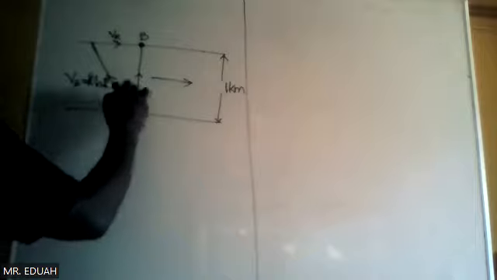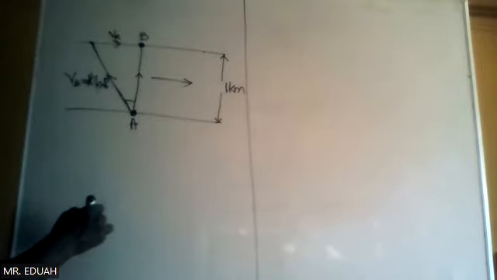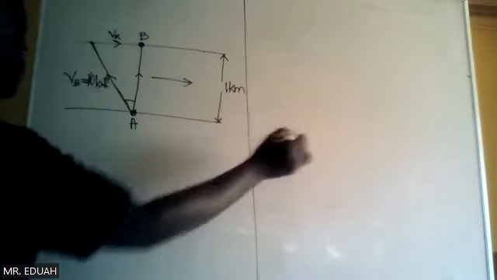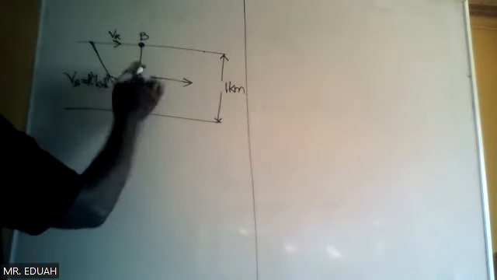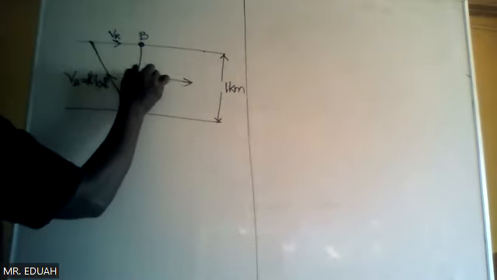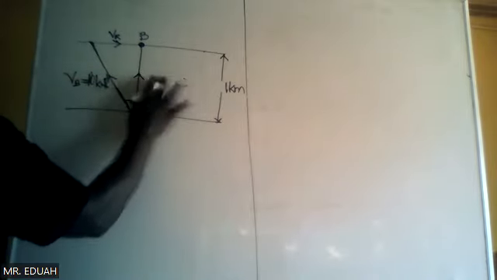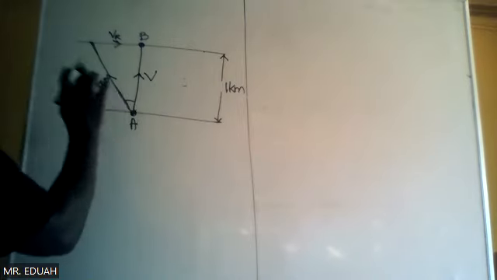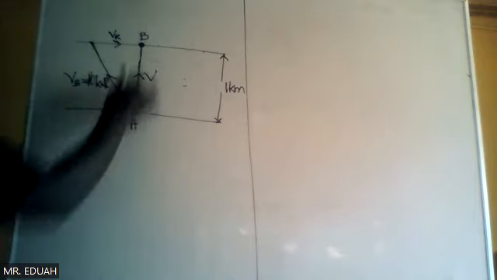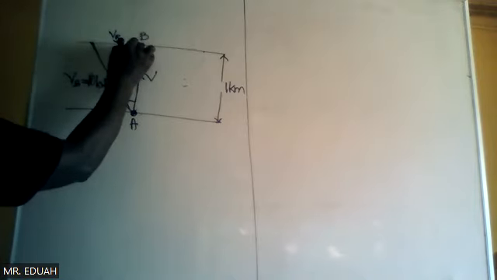Once we've done this, this is the direction of the boat, or the man. This is the direction of the river because it flows here. Then this side must be the resultant velocity V of this and this. The resultant velocity certainly is perpendicular to this.